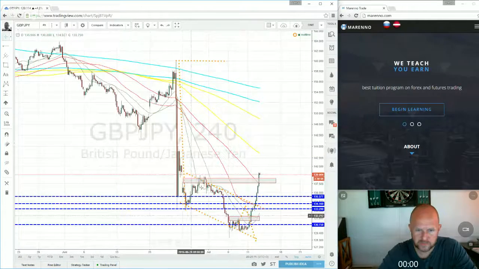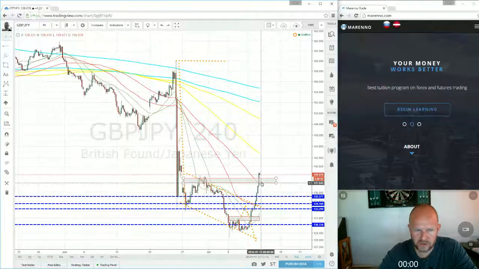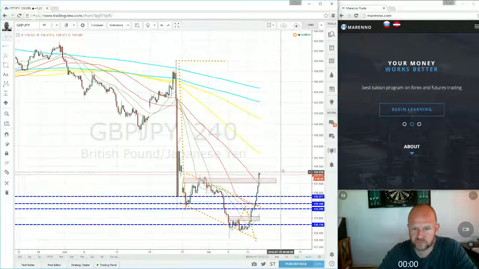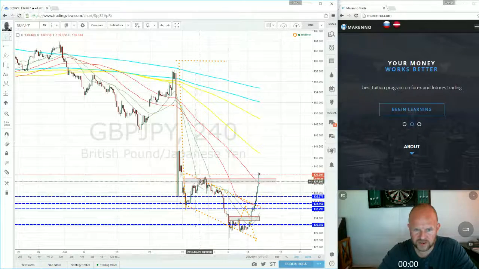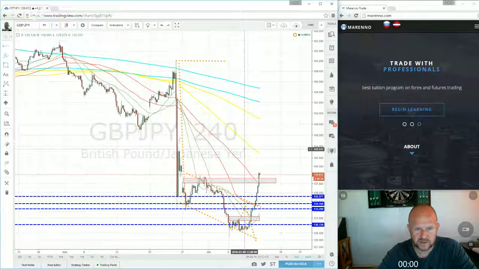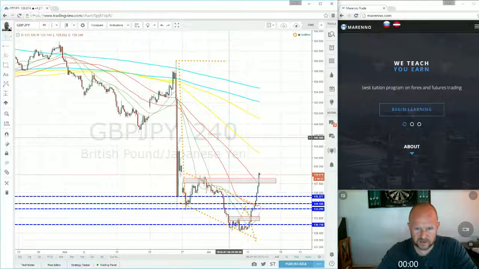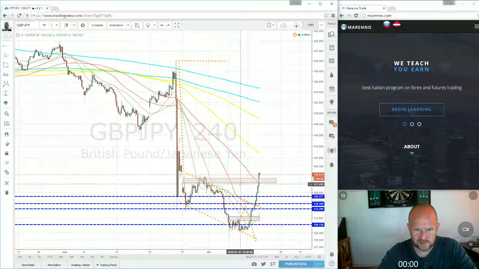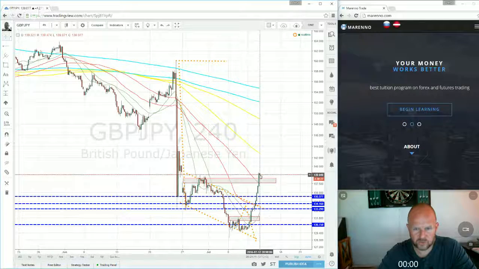Pound yen. All right, we've broken through a reversal area here. I don't really like it. Well, we have to wait.